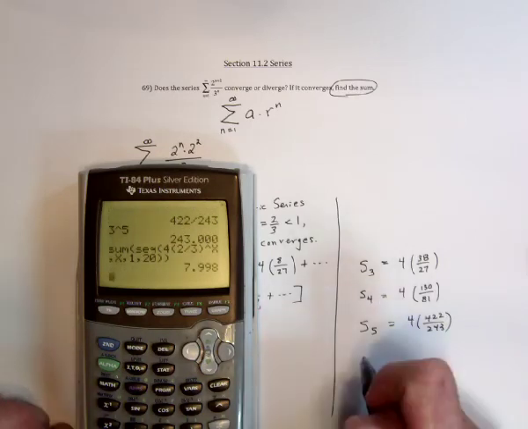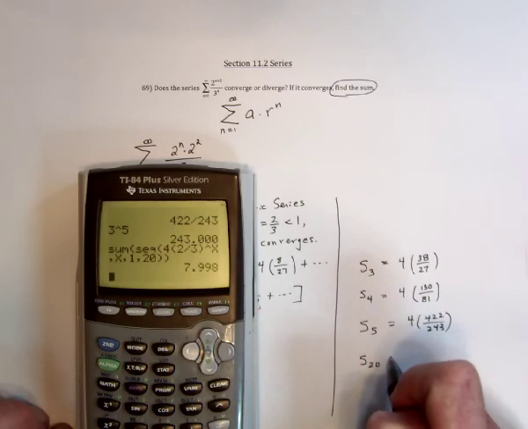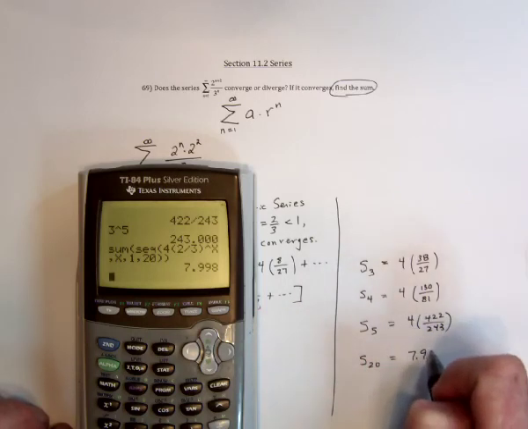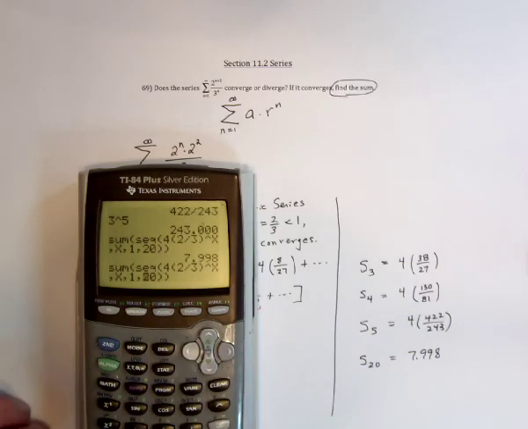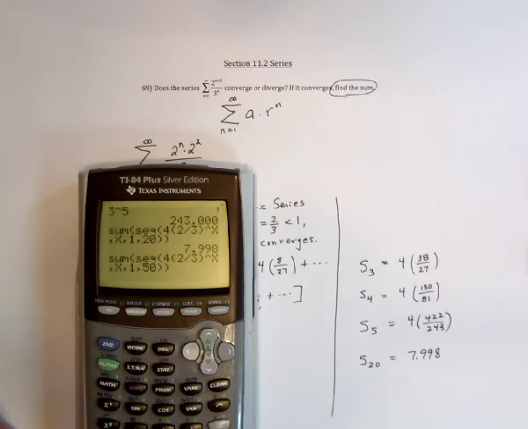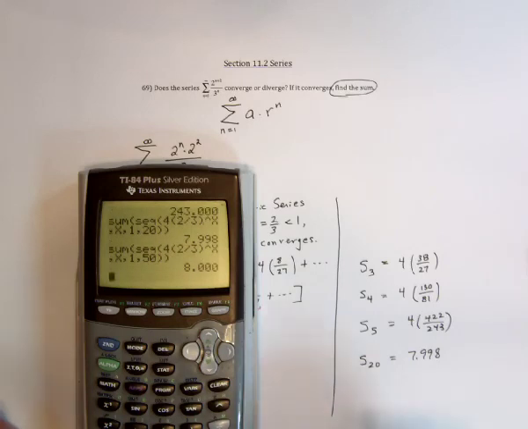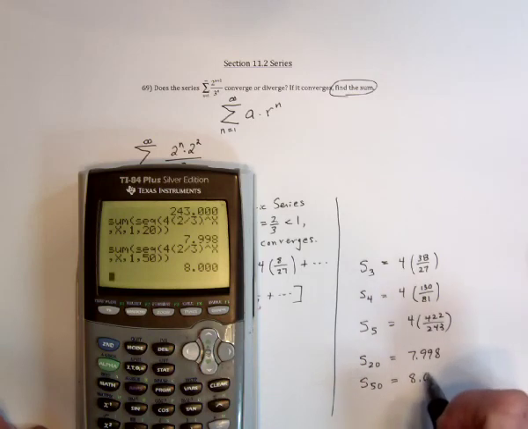Then S20 is equal to 7.998. How about if you add up the first 50 terms? Come on, calculator, you can do it. And S50, by adding in an additional 30 terms, is now pretty much stuck at 8.